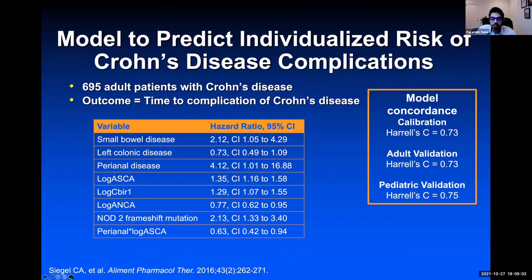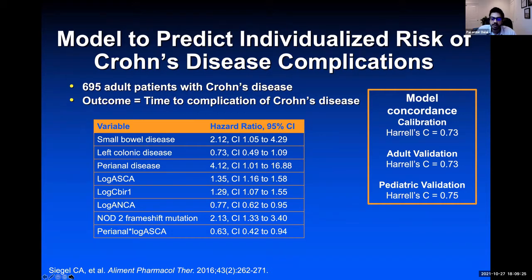So the original model that was built on almost 700 patients looked at time to complication of Crohn's disease within the first 3 years of diagnosis. And this had simple clinical factors like small bowel location, colonic location, perianal disease, but it also had biomarker and genetic factors like ASCA, CBir, and NOD2 mutations.